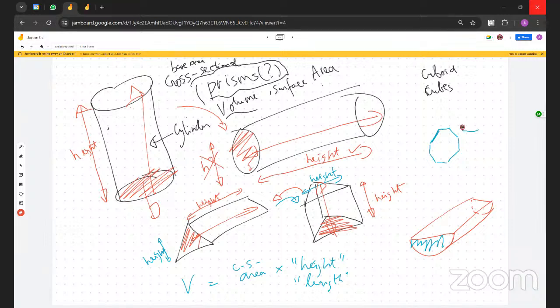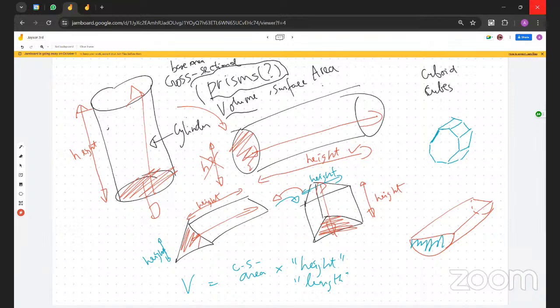Something like that. Okay, sure. Now, the real question in math is, what is the volume of this prism? You need two things, right?